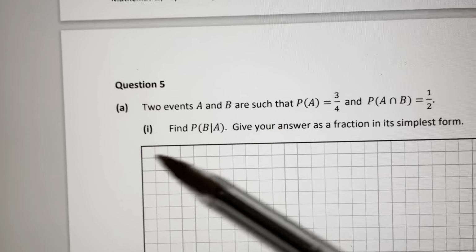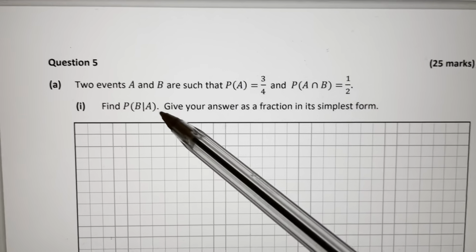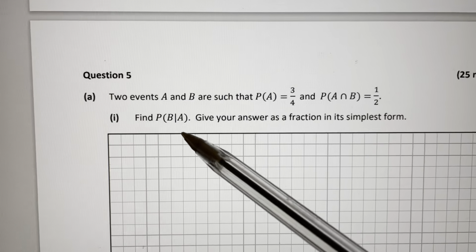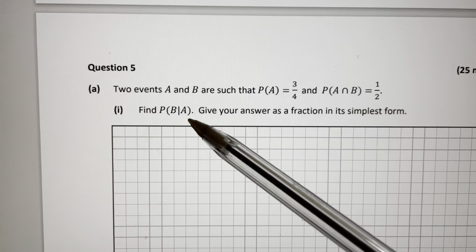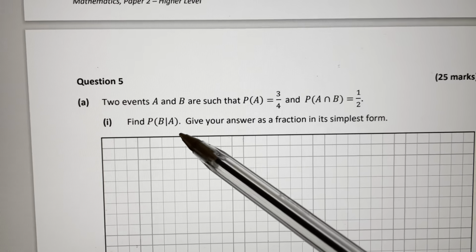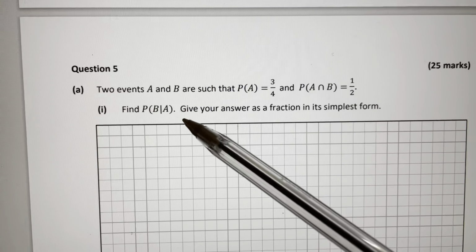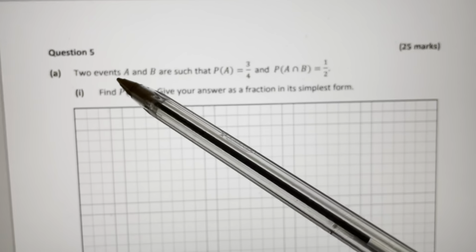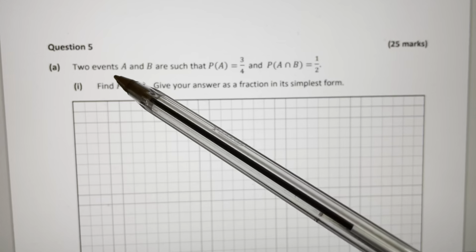So you have to know what that means. Give your fraction. The issue there is knowing what that is. The probability of B slash A is the probability of B given that A has happened. Now, notice they say just two events, and they don't say whether those events are independent or dependent yet.